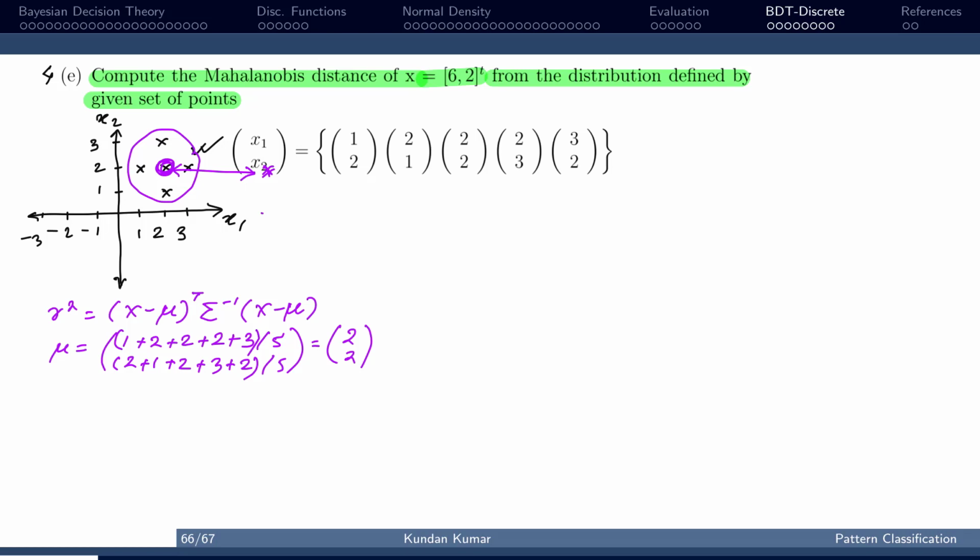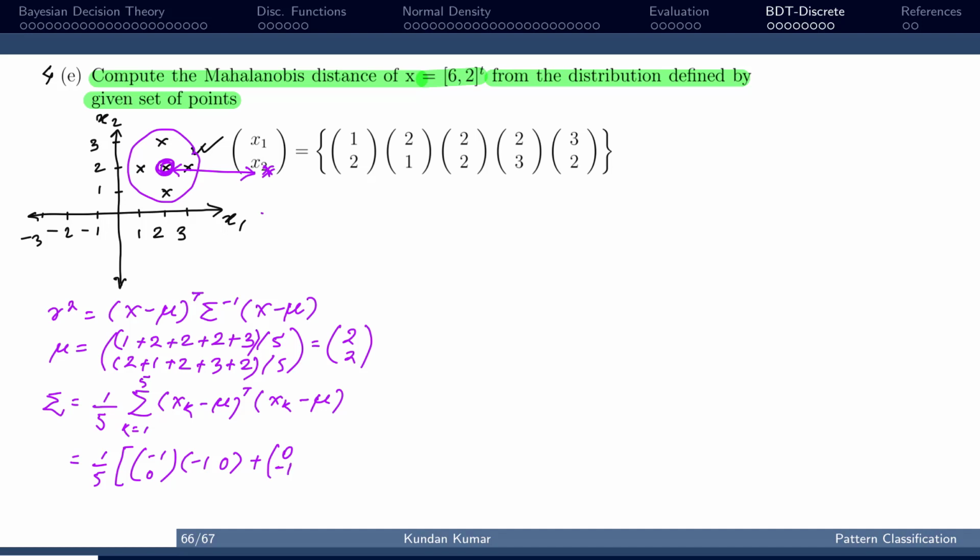Now we can compute the covariance, which is given by 1 by 5 into the sum of (xk minus mu) into (xk minus mu) transpose, where k is from 1 to 5, because we have 5 points. Then we can put in the values. So 1 by 5 is common, then (minus 1, 0) times its transpose, plus, that means for k equal to 1, then we will calculate for k equal to 2.